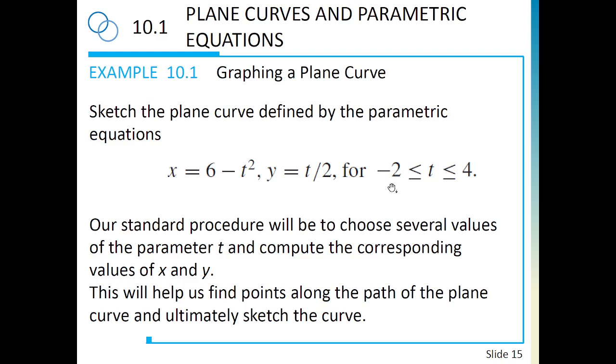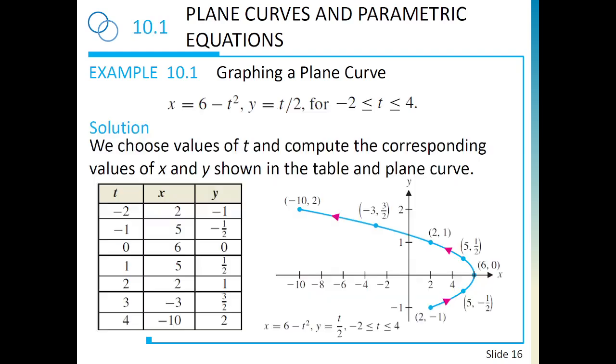So my parameter runs from -2 to 4. So I have a lower bound and an upper bound of my parameter, which will produce certain couples here for x and y. So the easiest way to proceed is to draw a table, essentially evaluate these expressions at certain values of t. So between -2 and 4, we could have increments of 1 and then produce the values.